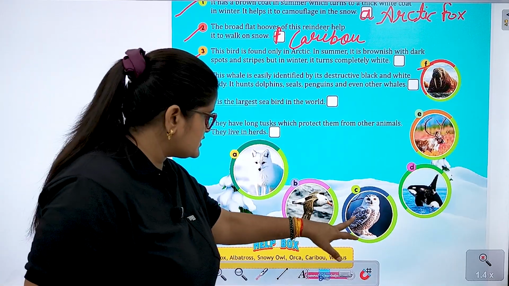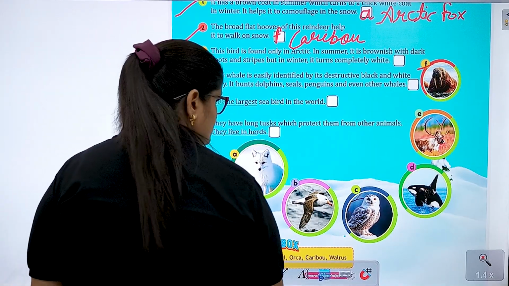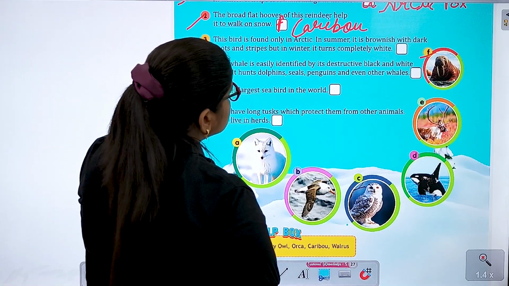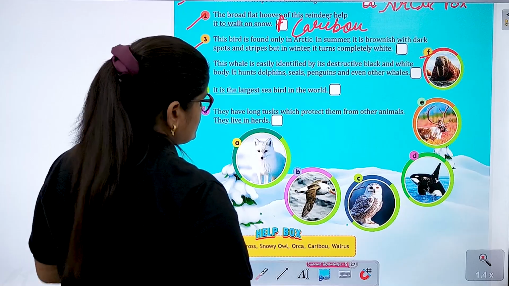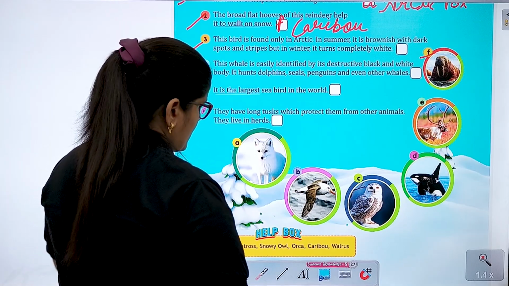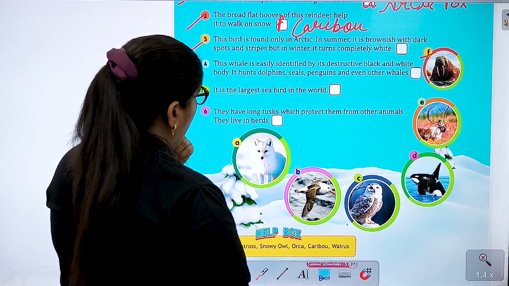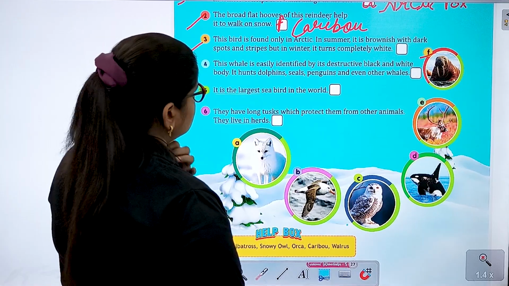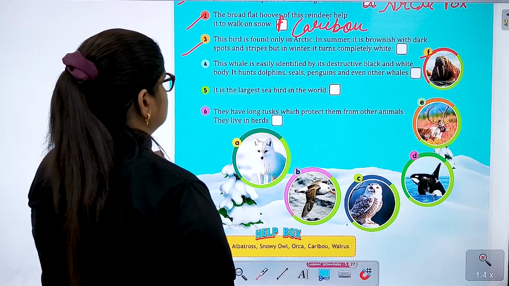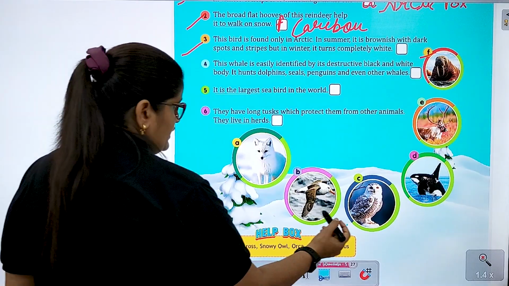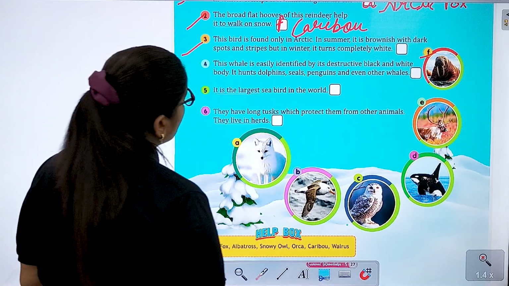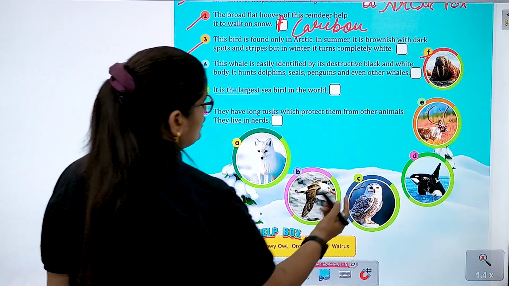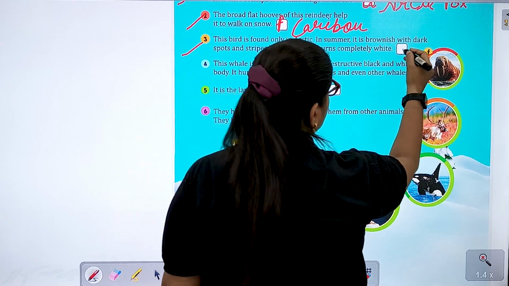So 3, this is C. Snowy owl. Brownish with dark spots. Yes, this is option C. Third, snowy owl. C.